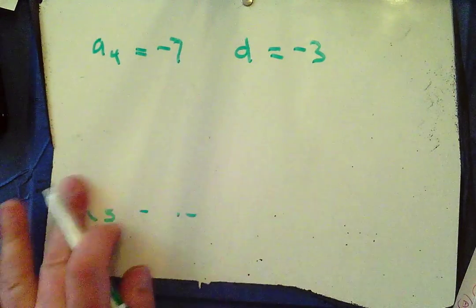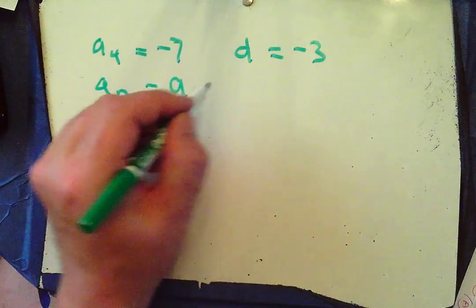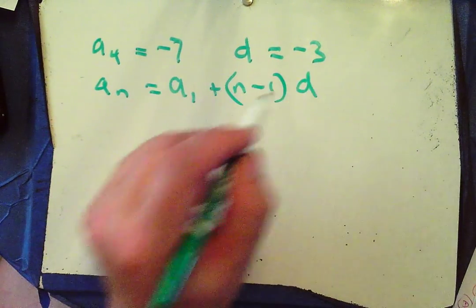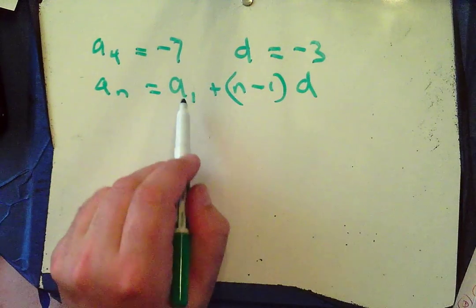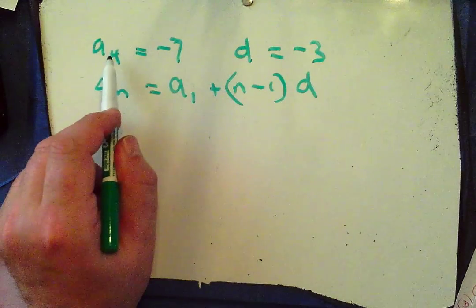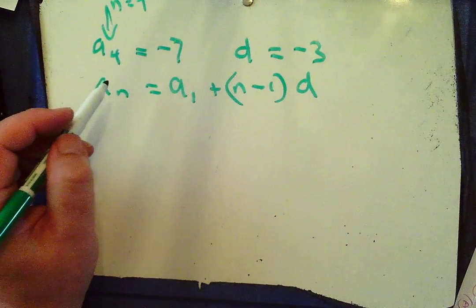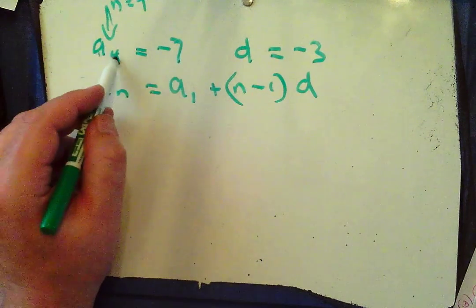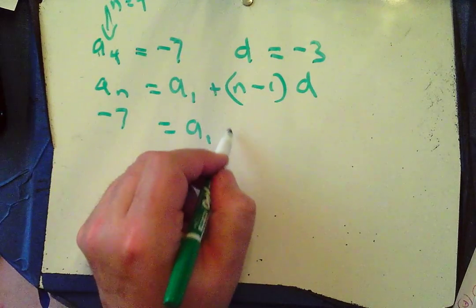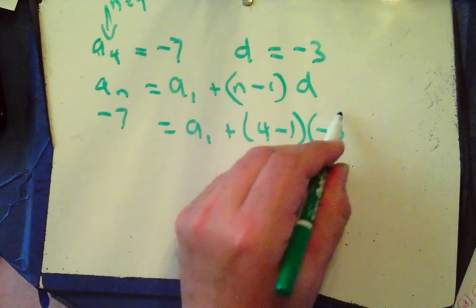Or we can build the rule. A sub n equals a sub 1 plus n minus 1 times d. Now, I don't know a sub 1 this time. I do know a sub 4. So remember, that's n equals 4. So the value of the 4th term is negative 7. Negative 7 equals a sub 1 plus 4 minus 1 times negative 3.